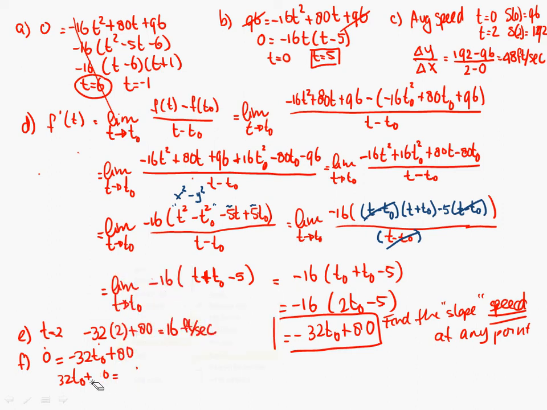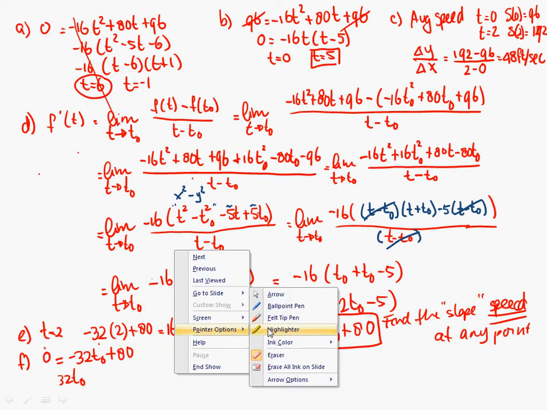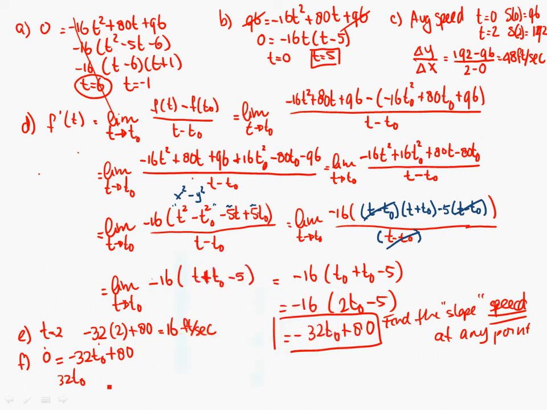That's the time at which the ball has reached its highest point. That would be when t is 80 divided by 32, which ends up being exactly 2.5. So if you want to know when it reaches its highest point, it's 2.5.